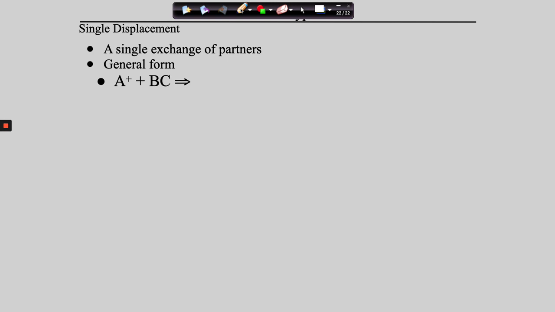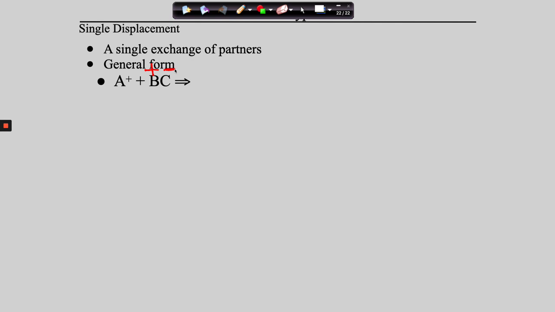Now guys, BC is a salt. So guys, when we write salts, which comes first? The metal or the non-metal? The metal. So guys, write this down with me. What that means is that B is positive and C is negative. They're always positive first. So now the question becomes this.